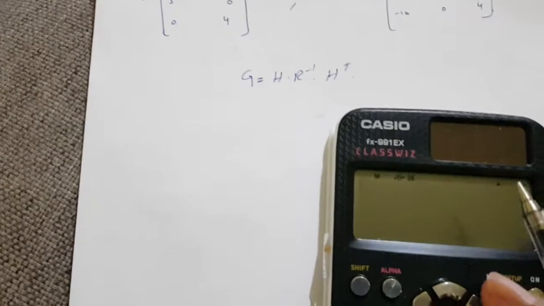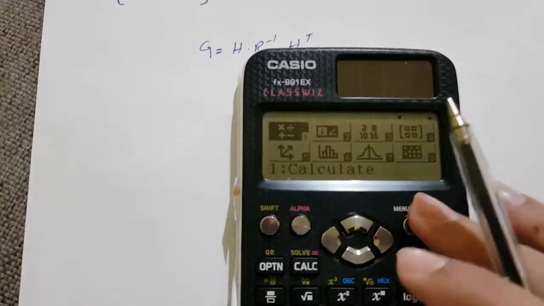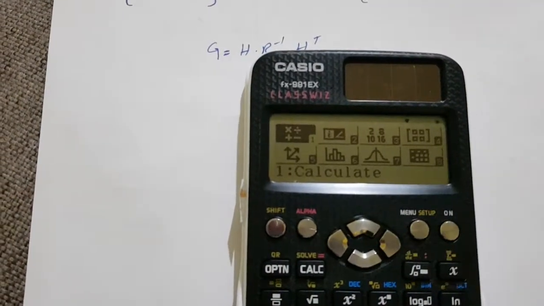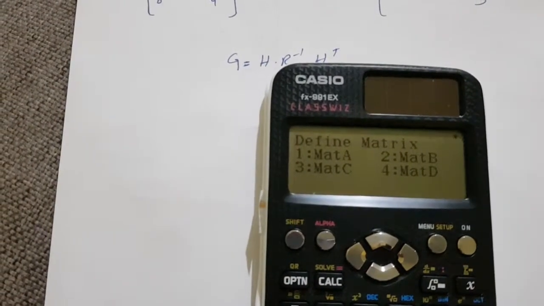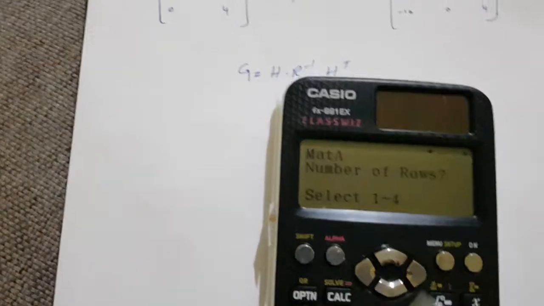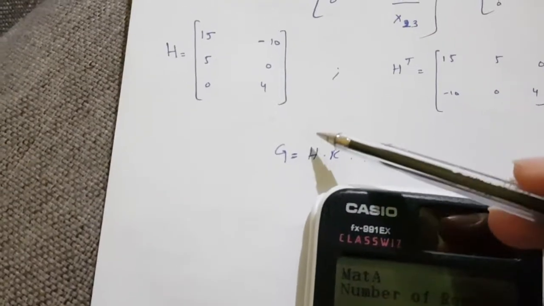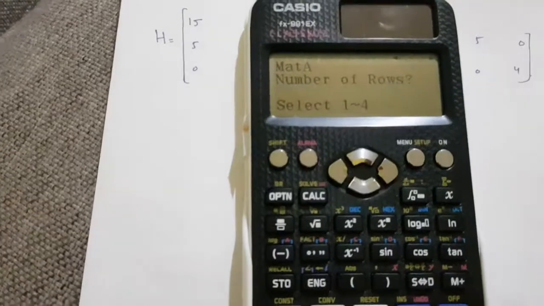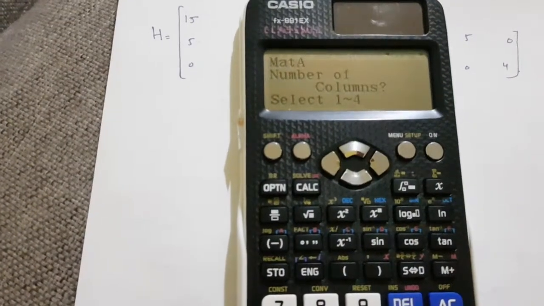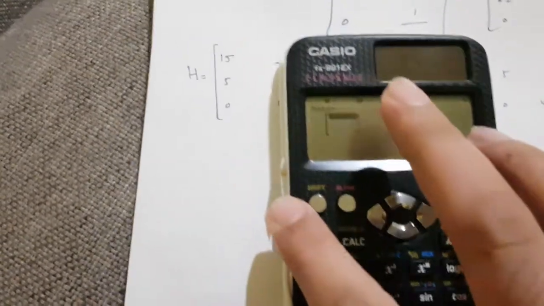First I will put menu. The fourth option is the matrix. You have to define the matrix A. First I will do with this one, h, 3 rows 2 columns. Now we have to put the values.